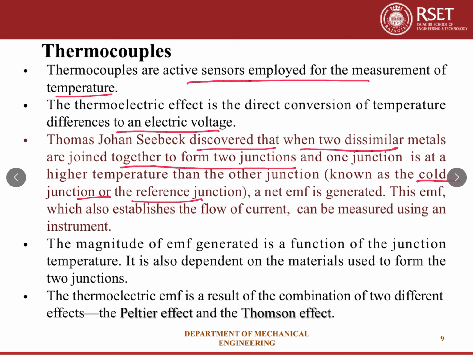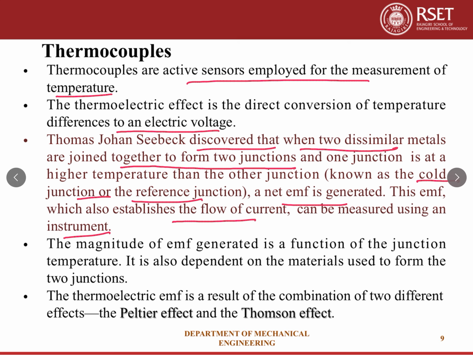A net EMF is generated there. This EMF, which also establishes the flow of current, can be measured using an instrument. So here we are considering the Seebeck effect. When the two junctions are kept at different temperatures, an EMF is generated. One will be a hot junction and the other a cold or reference junction.